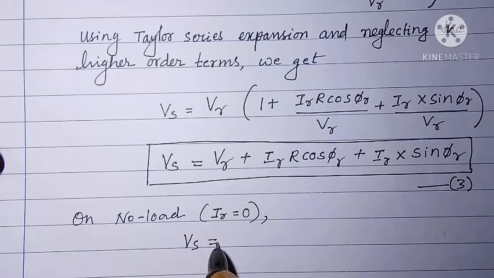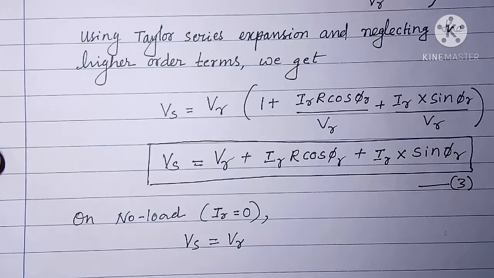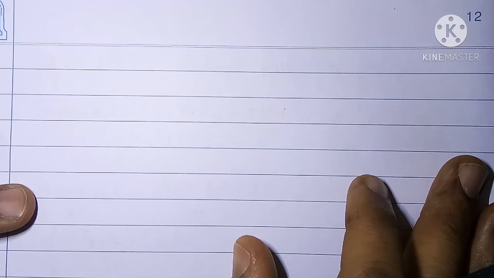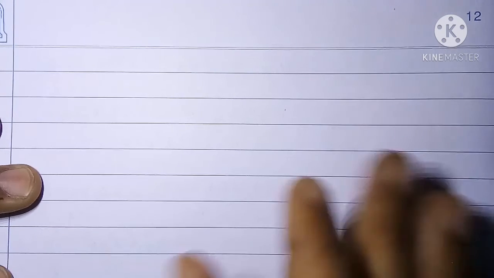And Vs will become equal to Vr. That is, sending end voltage is equal to receiving end voltage. Now we will write an expression for percentage regulation.